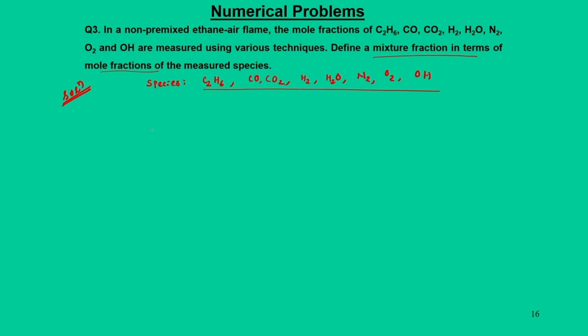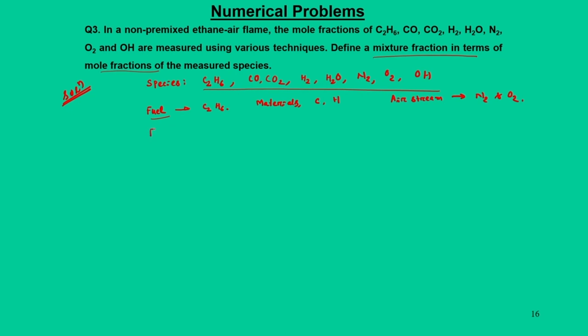Now, if you look at the fuel stream, it consists of C2H6, and it consists of the materials carbon and hydrogen. Now, the air stream consists of N2 and O2, and here you do not see any kind of fuel components.